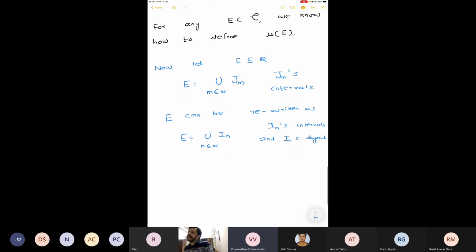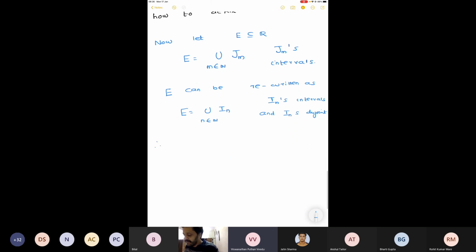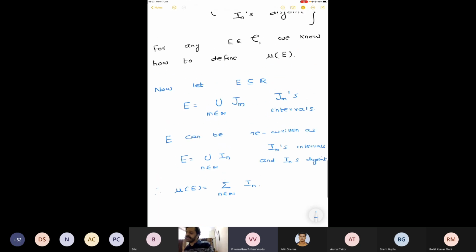And therefore, I know how to measure E. Therefore, mu of E is equal to the summation over n belonging to N of the length of In. Therefore, the class of subsets of R for which I can now define measure is being slightly pushed further, slightly extended.